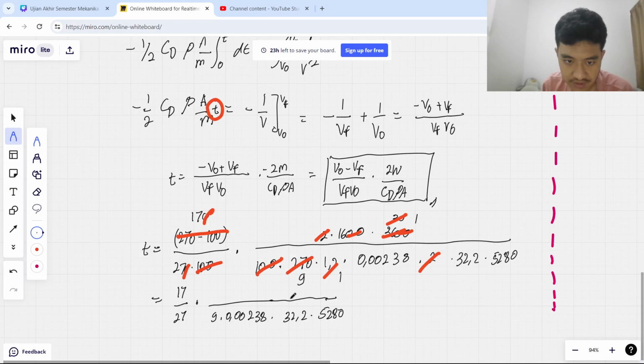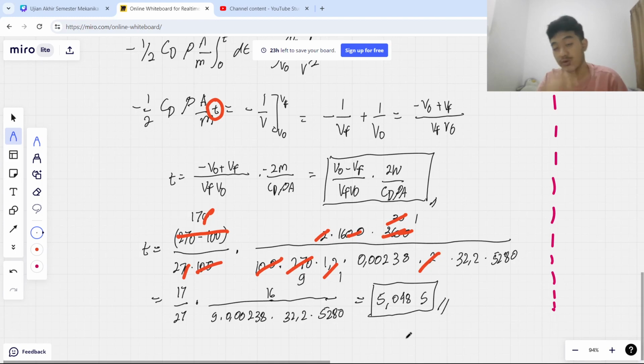So we have 16 on top, and I already did my counting, so the total value is about 5.048 seconds. So the time that it will take to decelerate is about 5 seconds, 5.048 seconds. So it's about this one.